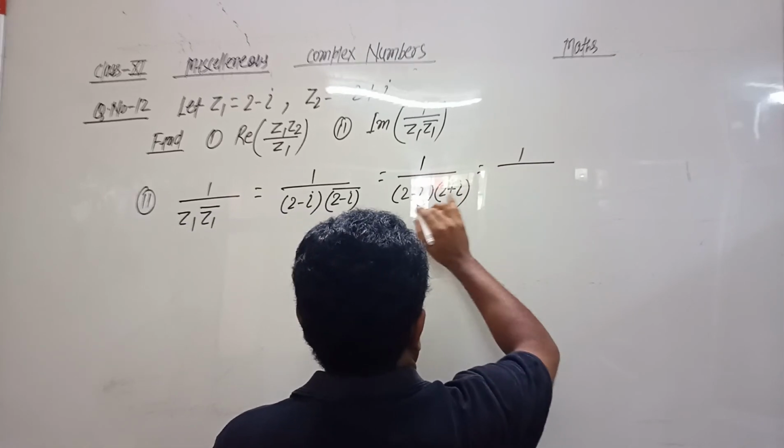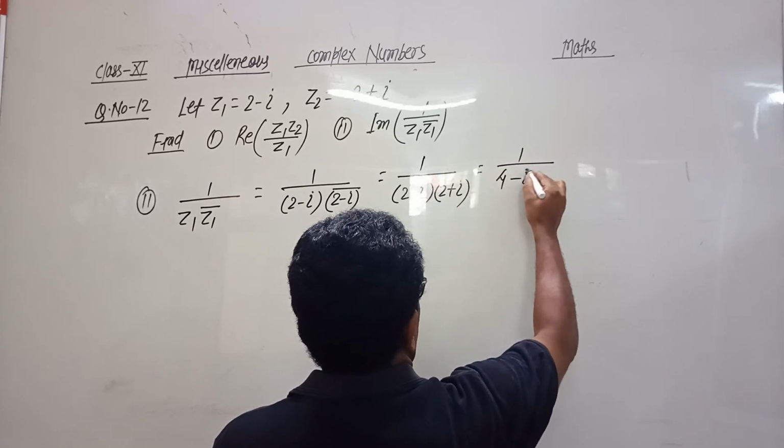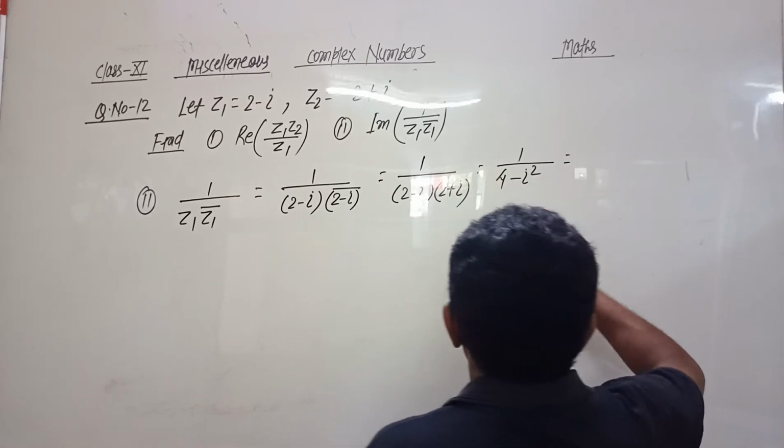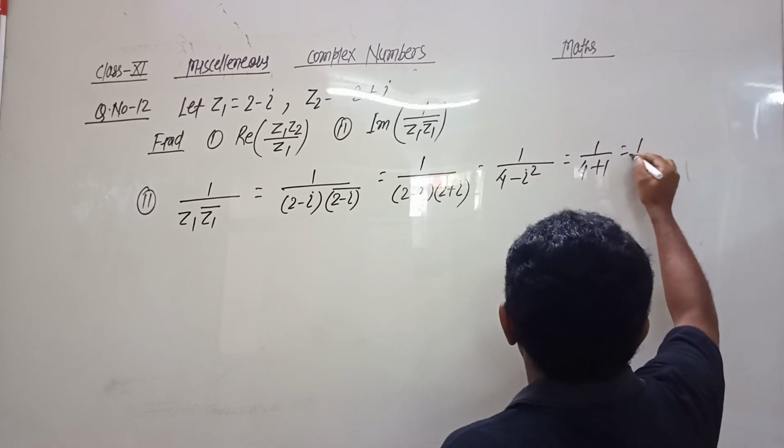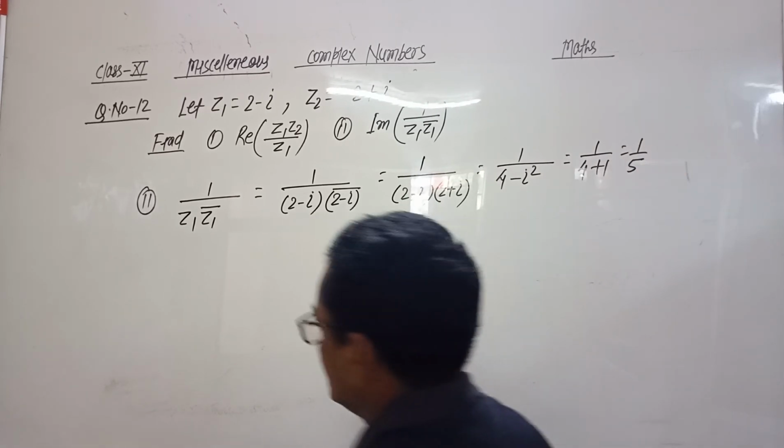So this is 1 upon 4 minus iota square, which is 1 upon 4 plus 1, that is 1 by 5.